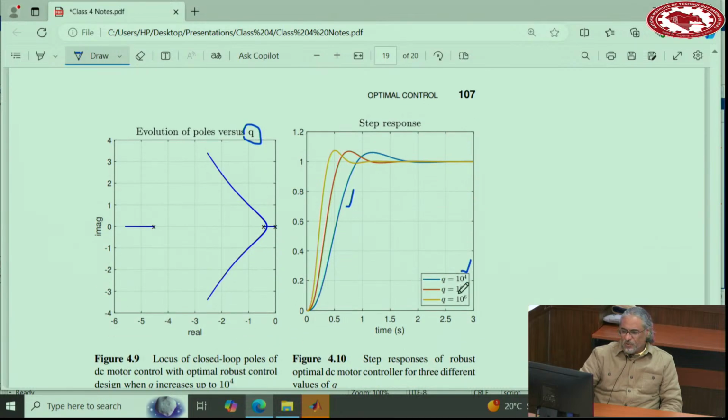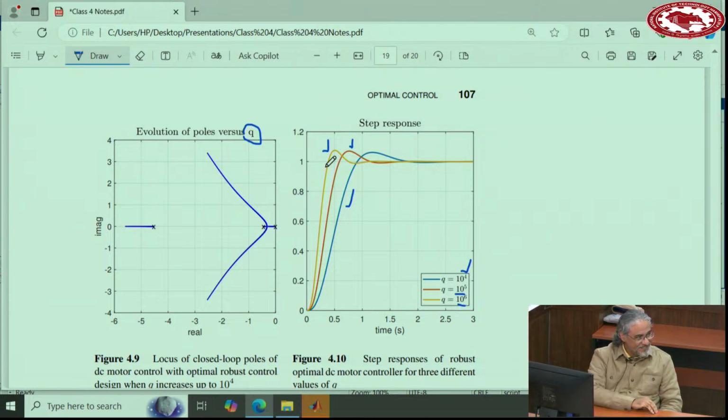If you choose q as 10 to the power of 5, you push the poles more to the left, so the response becomes faster. If you choose 10 to the power of 6, it becomes even faster. But the interesting thing we realize is that the oscillation does not change. Make it faster and faster, but the level of oscillations does not change. Almost impossible to get the same thing using the transfer function approach, unless you are very expert.